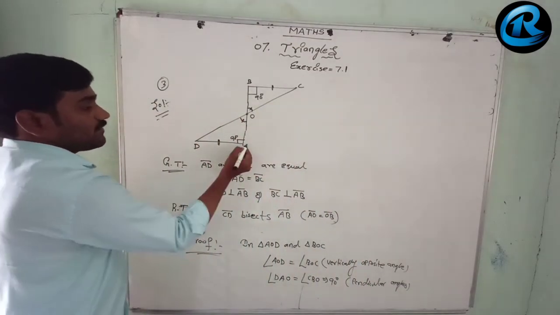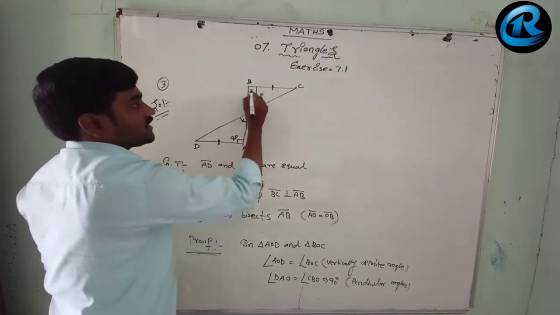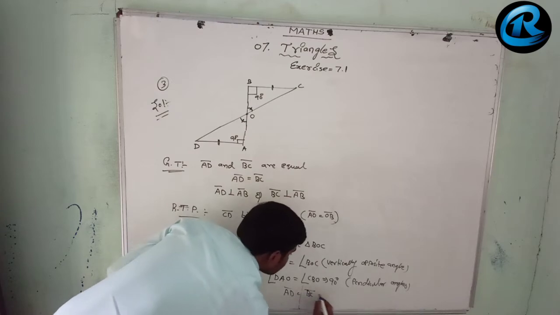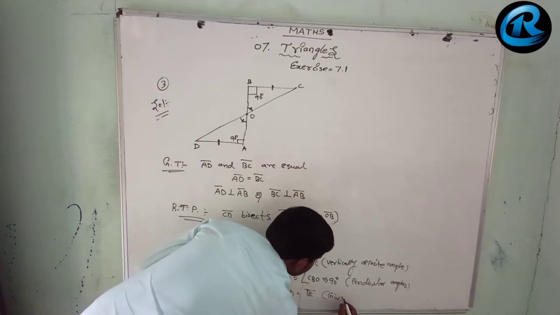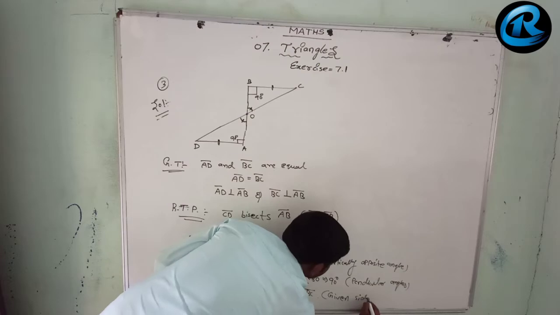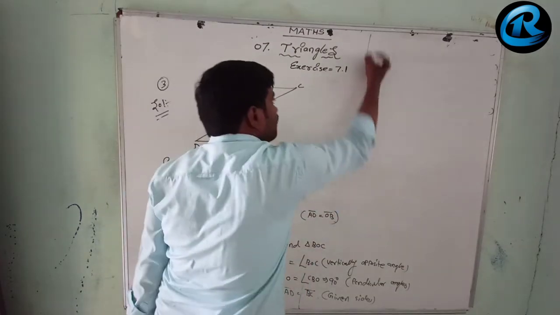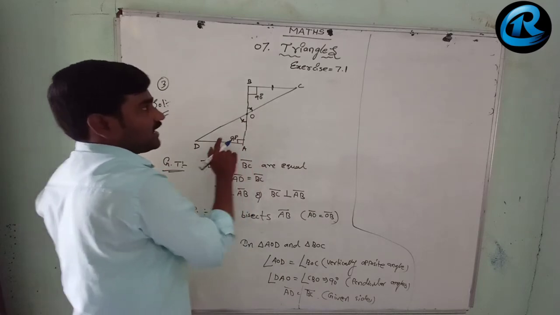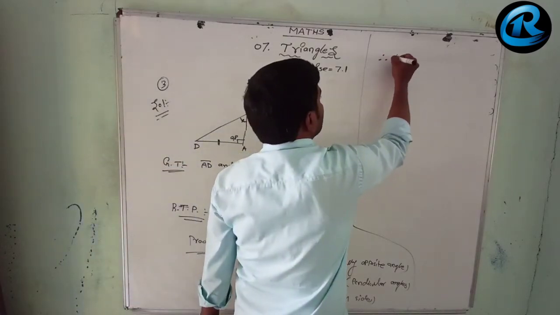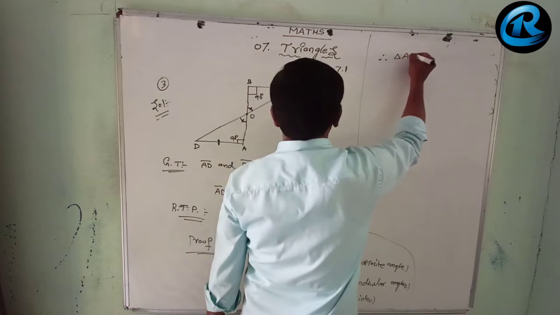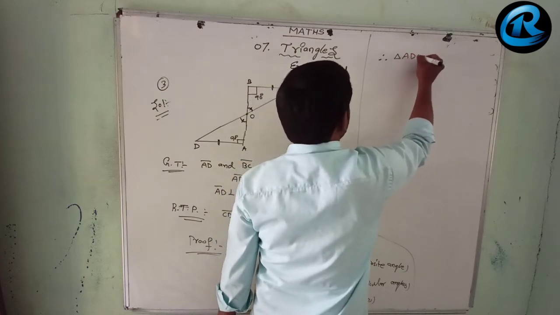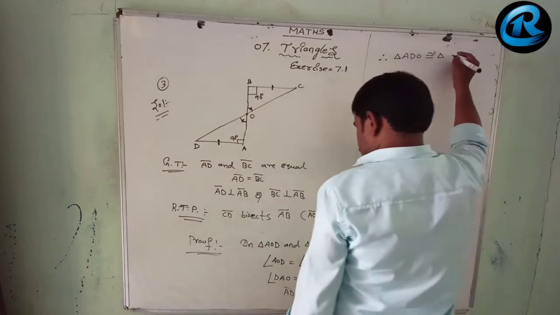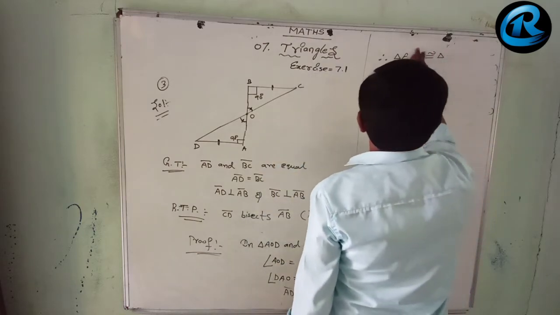The next one is that already given AD is equal to BC. This is a given side. Now if you observe these three rules, what we used: angle, angle, side.